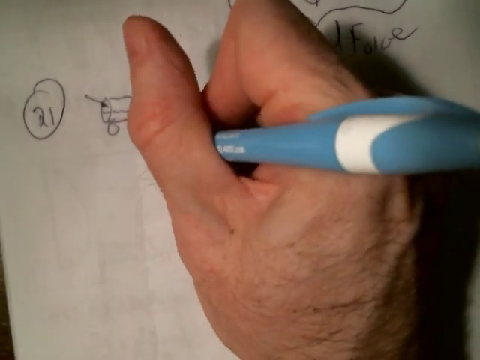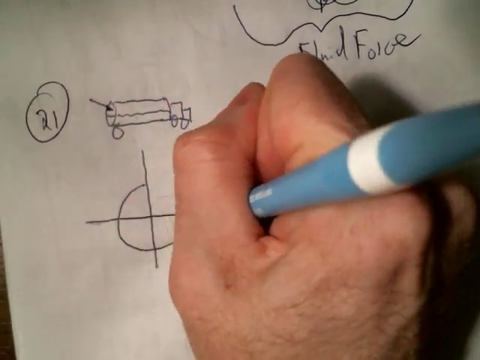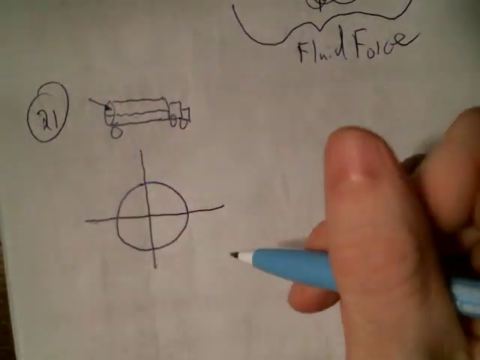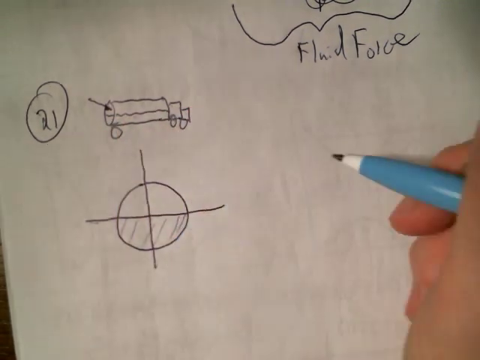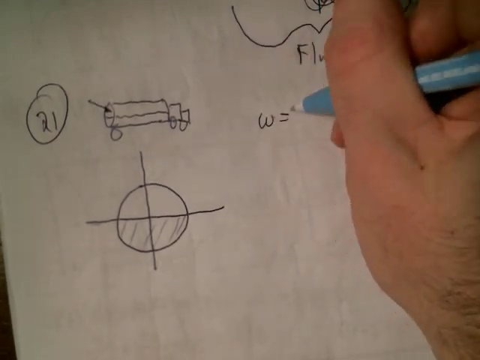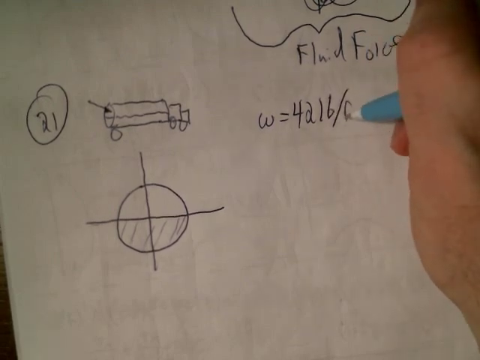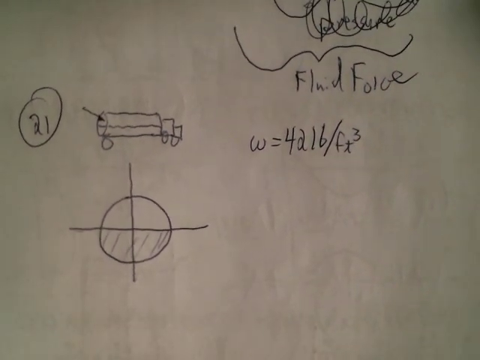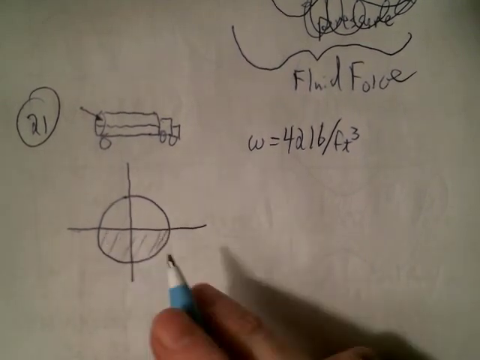Okay, so what we're going to do is orient the plate at the origin. It's half full, so I need to find the fluid force on this region here. They're telling us the weight density of gasoline is 42 pounds per cubic foot. And what else do they tell us? The diameter of this plate is 3 feet.